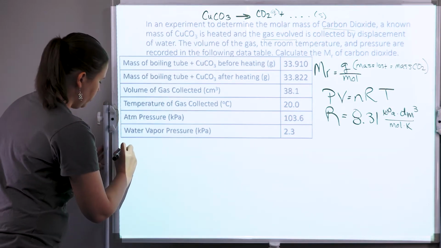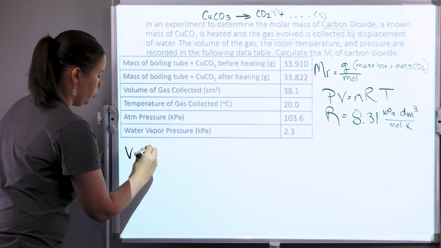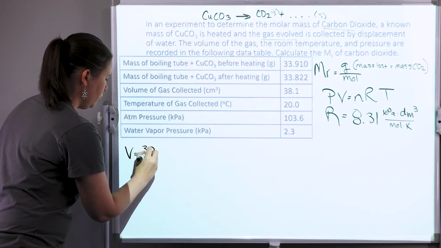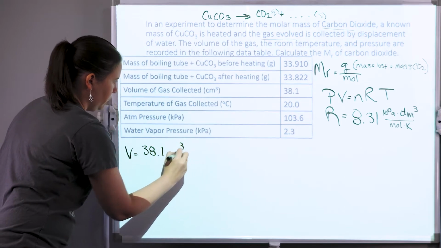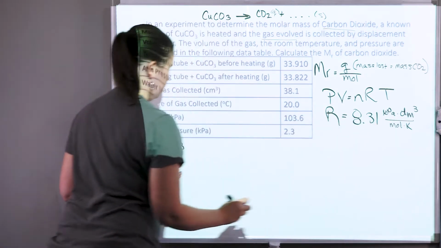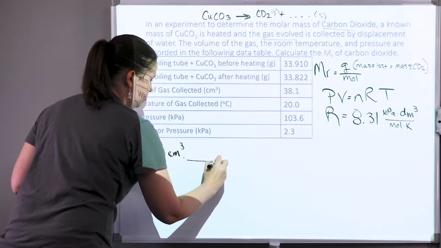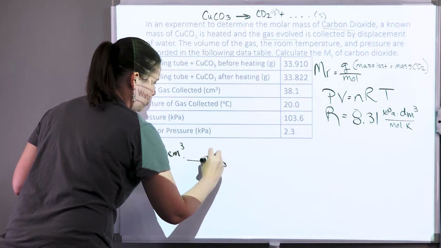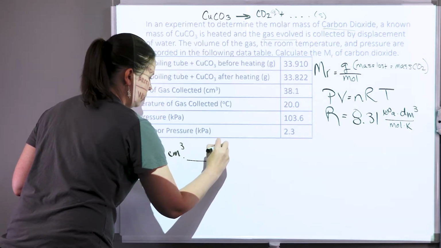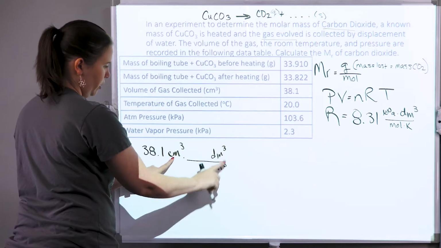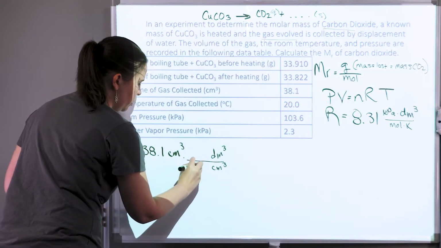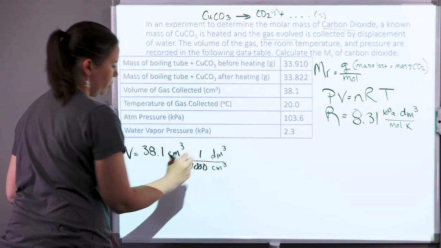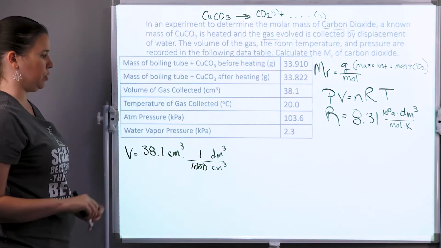So first let's do the volume. Volume given was 38.1 centimeters cubed. And I want to convert that to decimeters cubed. So centimeters cubed on the top, centimeters cubed on the bottom, decimeters cubed on the top. And this is just like liter and milliliter. So it's like 1,000 milliliters per liter, or 1,000 centimeters cubed per decimeter cubed.